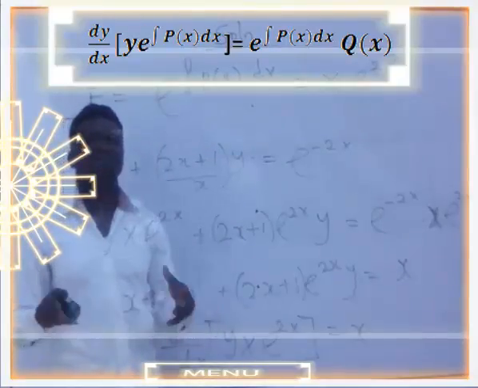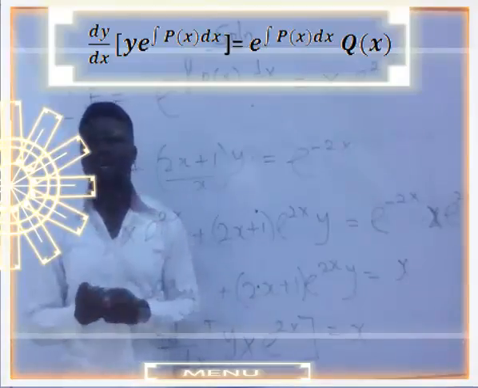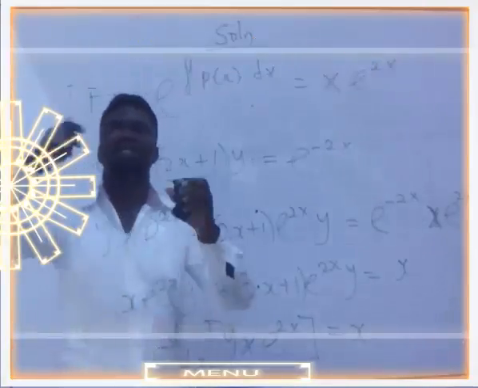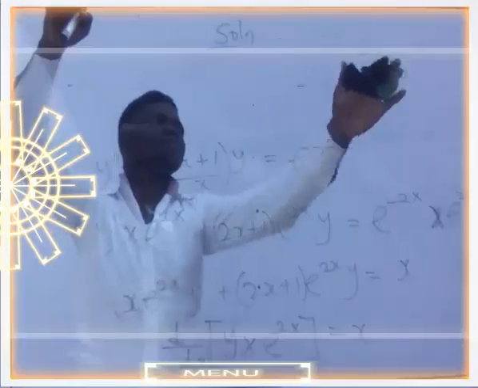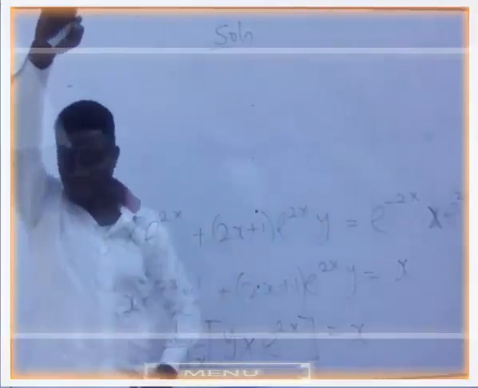So the last step is what? Integrate both sides. That's the final step to get our answer. So let's do that fast.